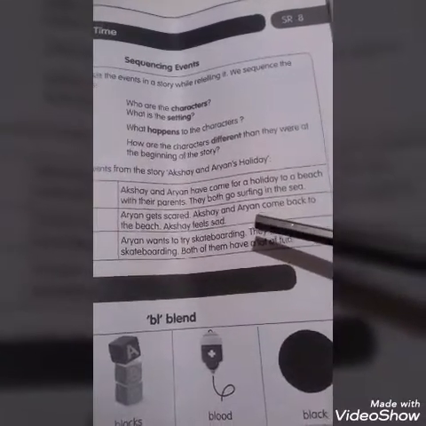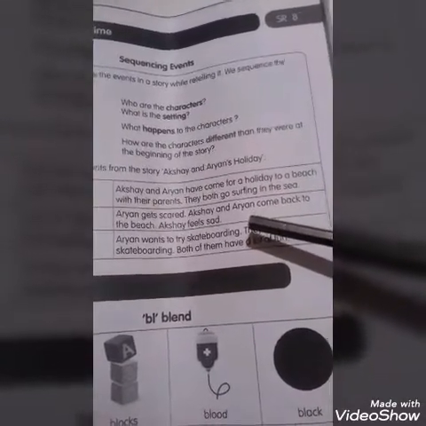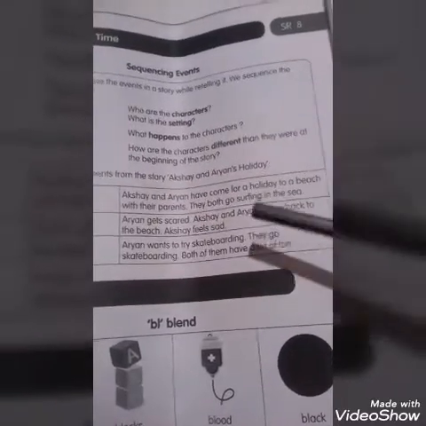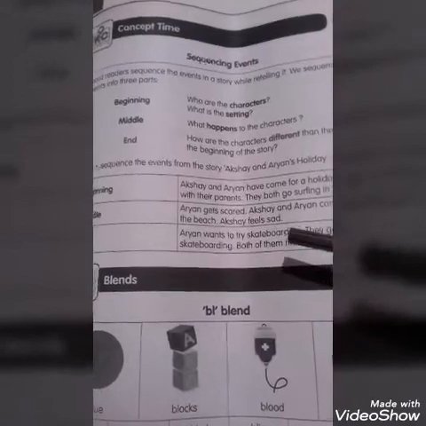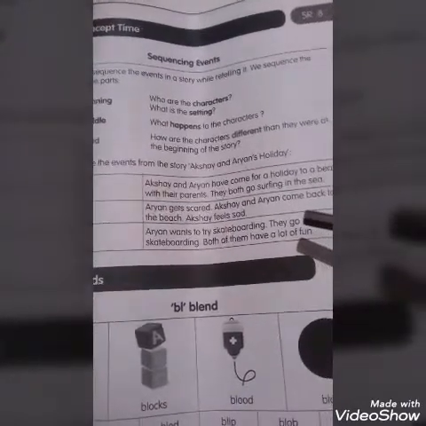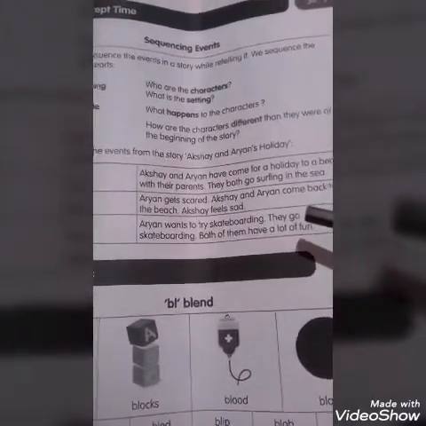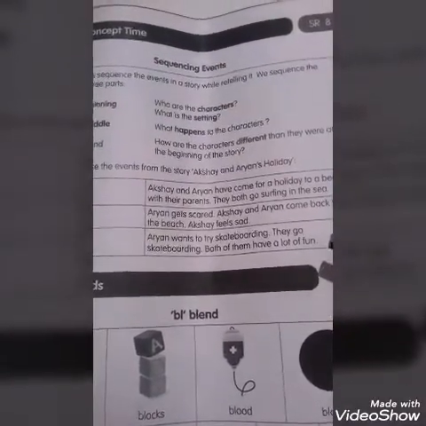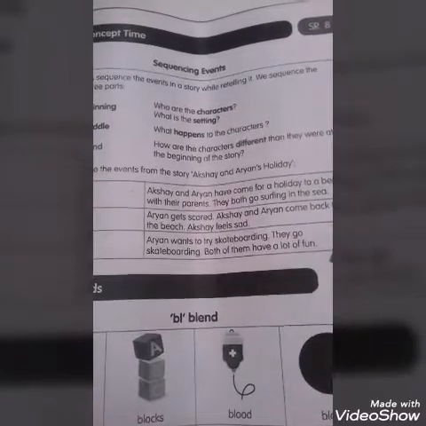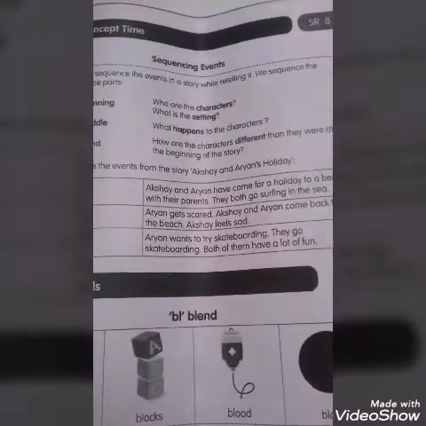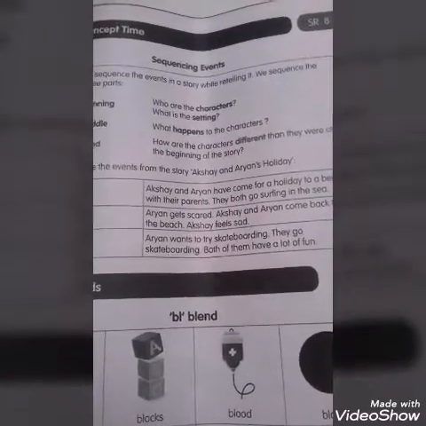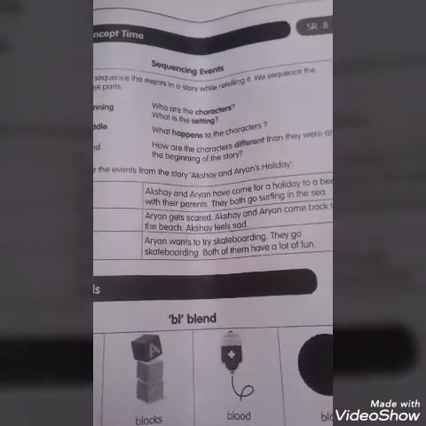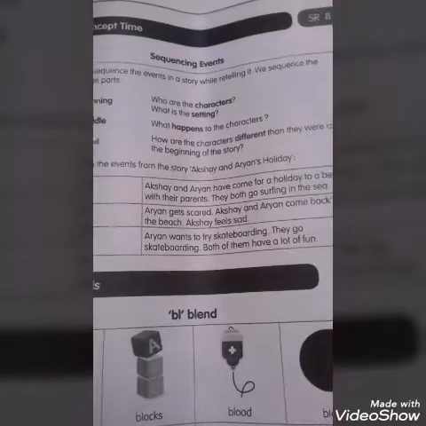So now Akshay feels sad. Akshay feels disappointed. So at the end, what happened? Aryan said he wants to try skateboarding. So they go skateboarding. So now Aryan and Akshay have a lot of fun, isn't it?